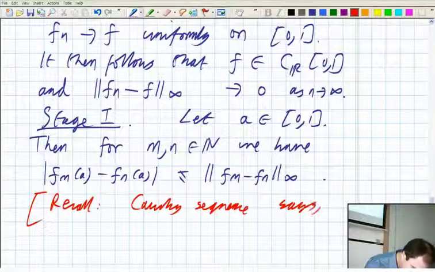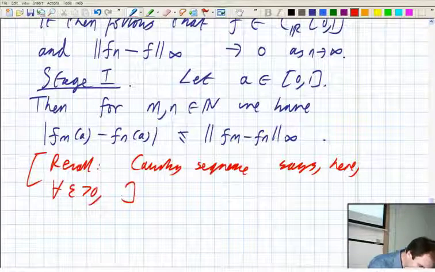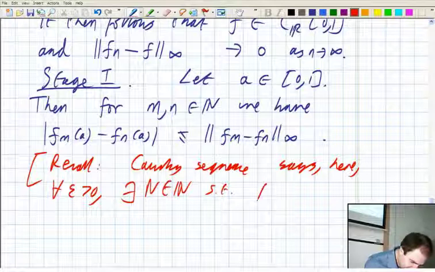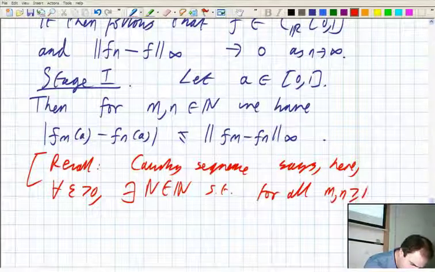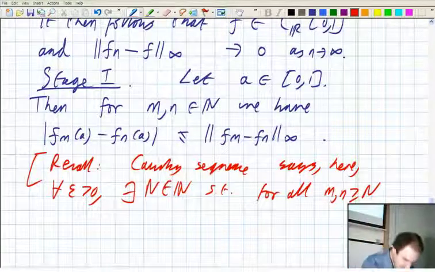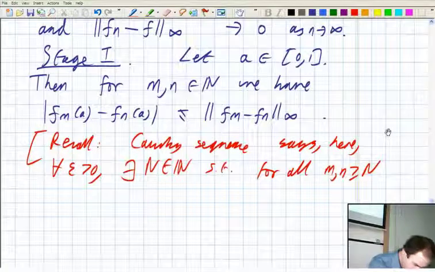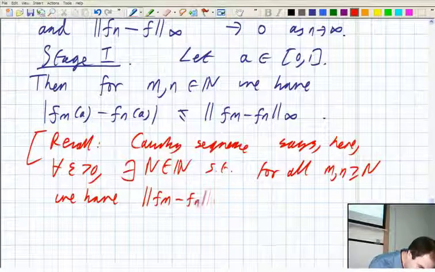It says here that for all epsilon greater than naught, there exists a natural number N such that for all m and n greater or equal to capital N, and it's understood that these are integers, we have norm of fm minus fn infinity is smaller than epsilon.